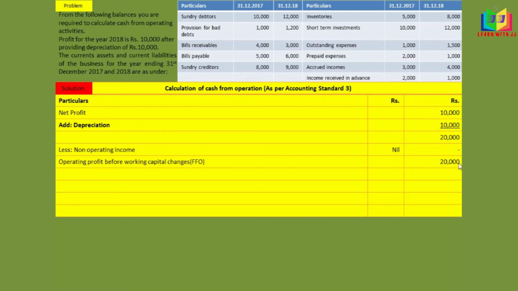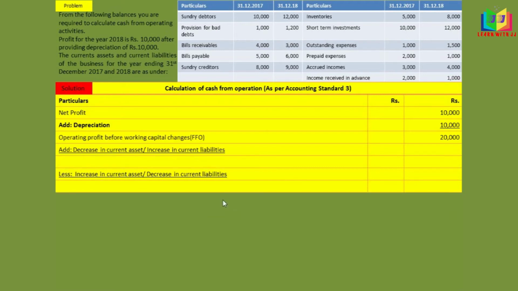Now we have to add the changes in working capital. Increase in current liability and decrease in current assets we have to add. See, decrease in current assets and increase in current liability we have to add, and we have to subtract the increase in current assets and decrease in current liability.